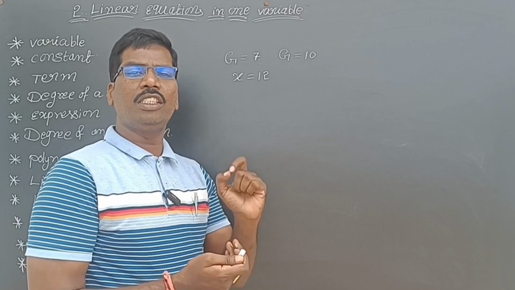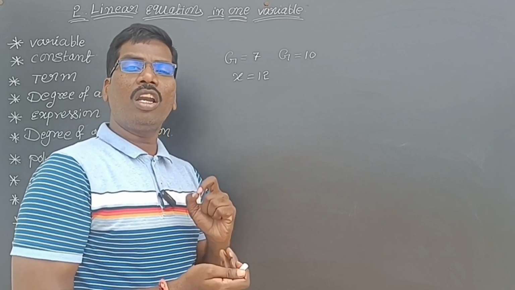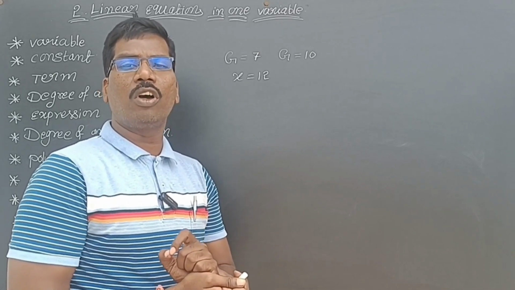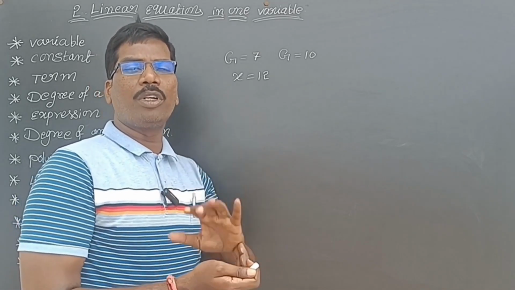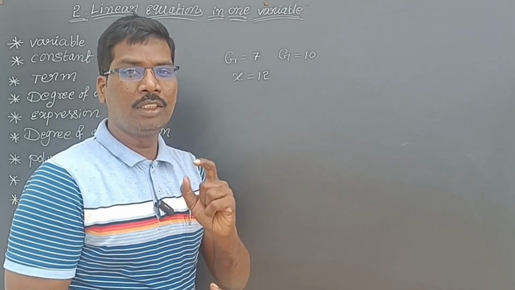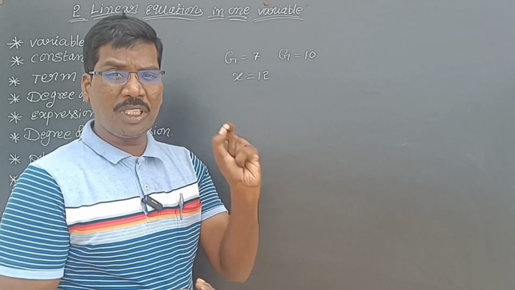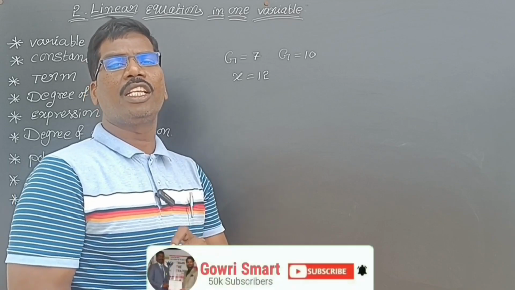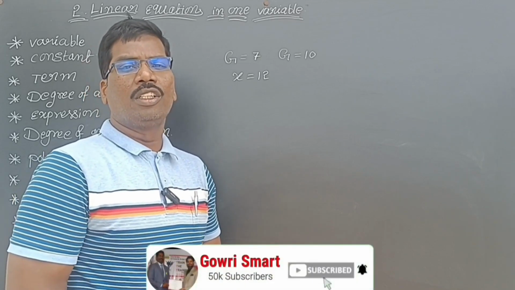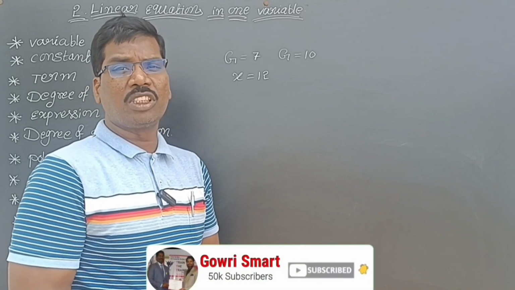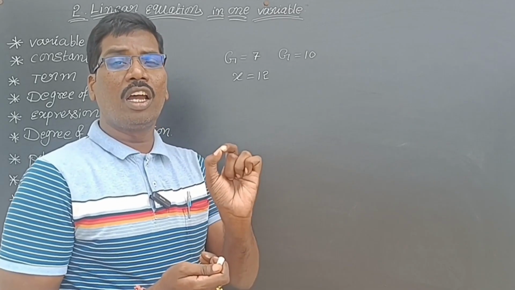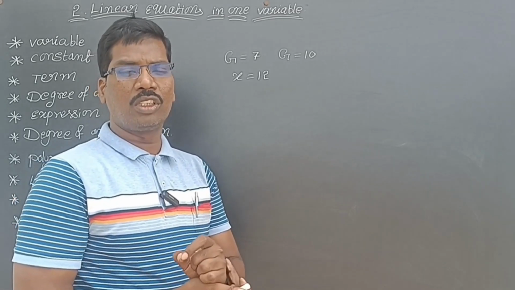A symbol which is varying its value is called a variable. In English, all alphabets are variables. But sometimes if you specify an alphabet as a constant, it will be treated as a constant. For example, in physics, E is equal to mc square, some alphabets are constants.